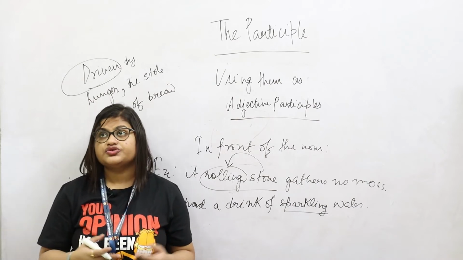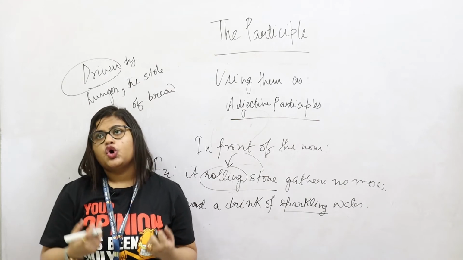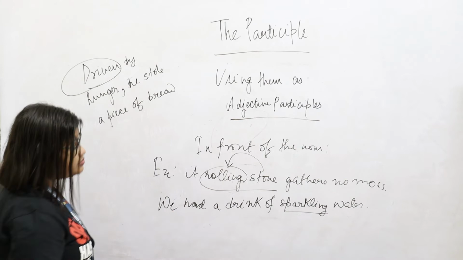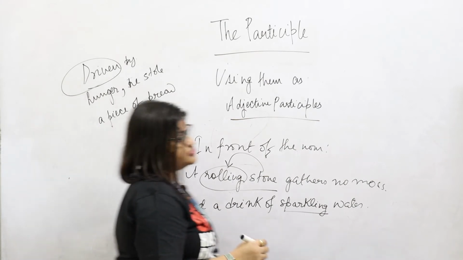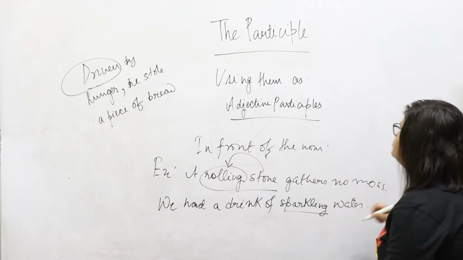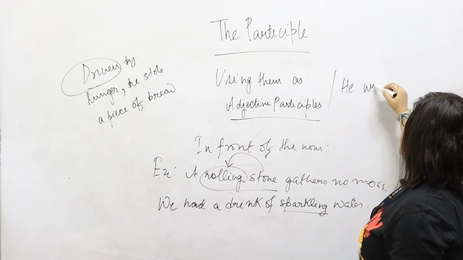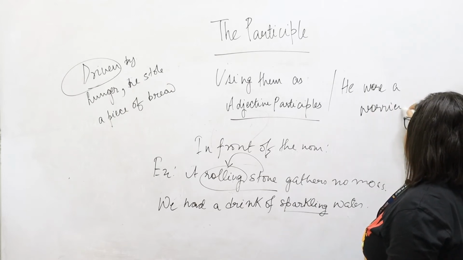We can also say he wore a worried look. If you want to go to the example of past participle as adjectives, it would be he wore a worried look.